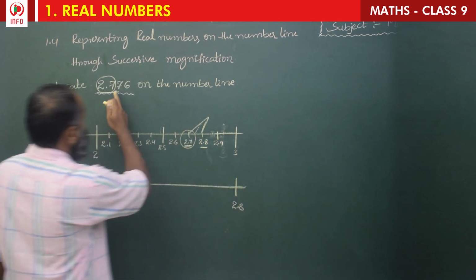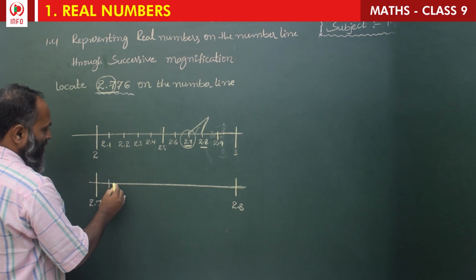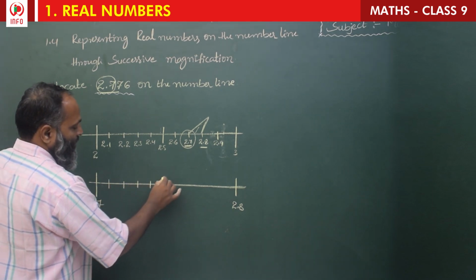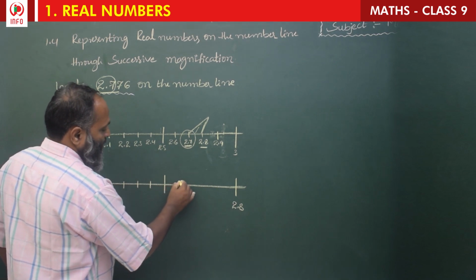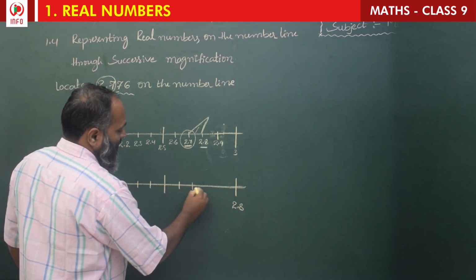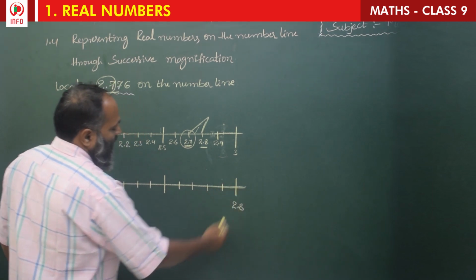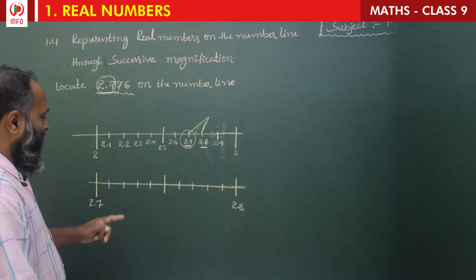So the number 2.77 is in between 2.71, 2.72, 2.73, 2.74, 2.75, 2.76, 2.77, 2.78, 2.79, 2.8.